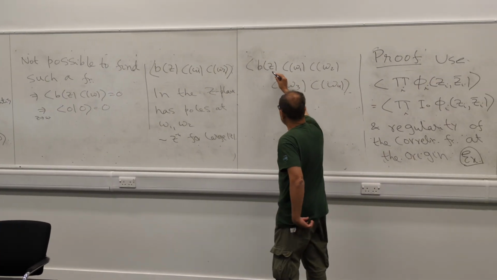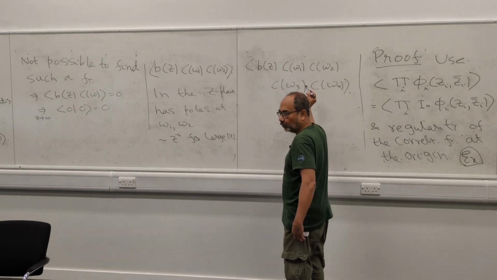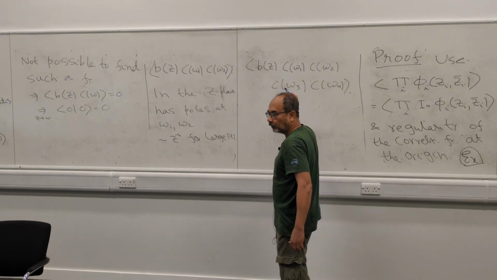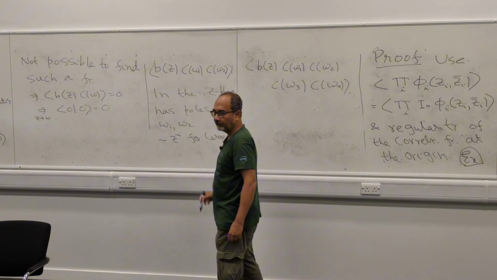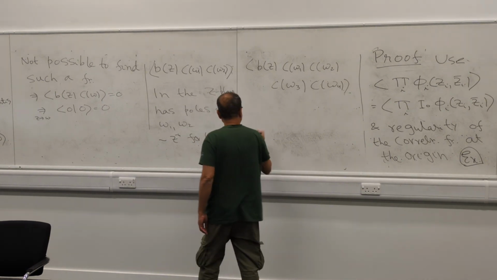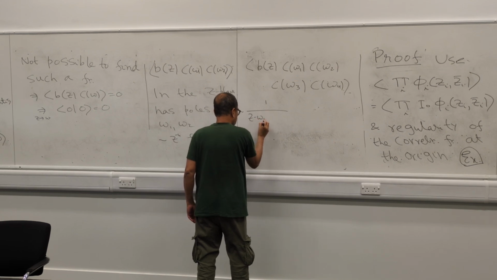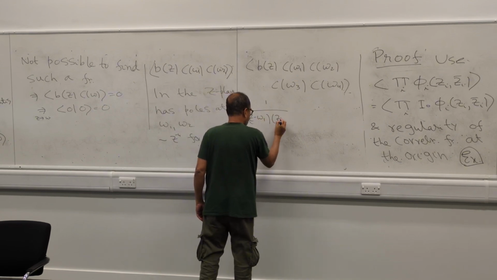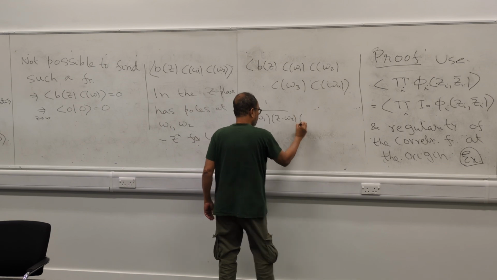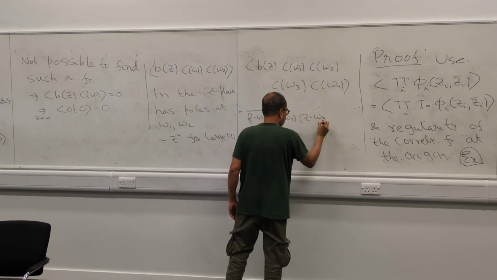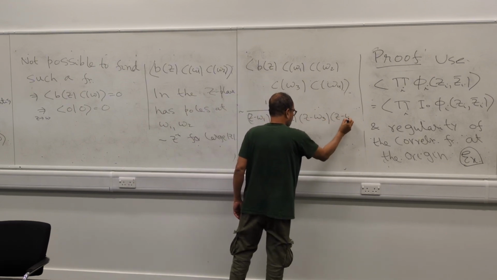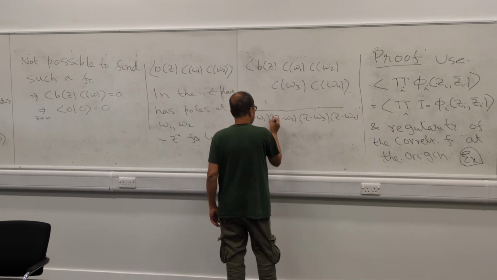This function, as a function of z, is allowed to have 4 separate poles, and it should fall off as 1 over z to the 4 as z goes to infinity, and there is indeed such a function: 1 over z minus w1, z minus w2, z minus w3, z minus w4, times some function of w1, w2, w3.